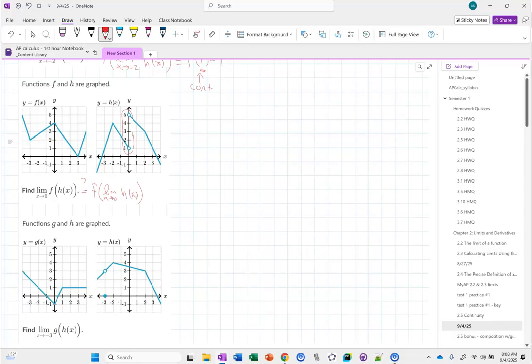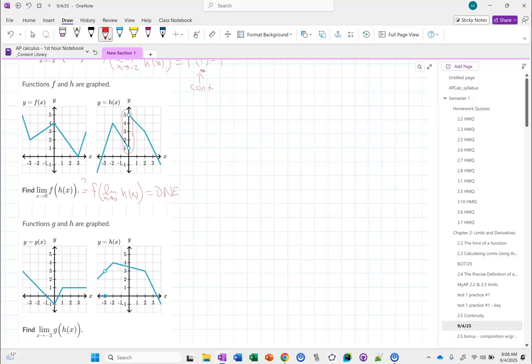We have a discontinuity there. So what's the limit as x approaches 0 for h of x going to be? Does not exist. So if that doesn't exist, can I do the limit of the whole composition? No, still does not exist, right? Okay. So again, the discontinuities are the places where I have to be careful on this.